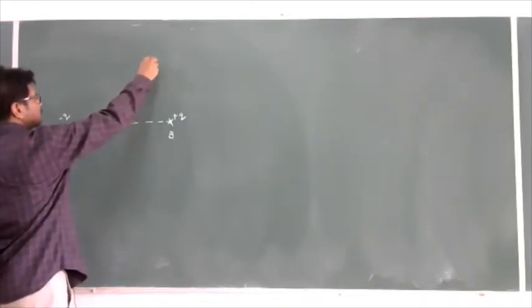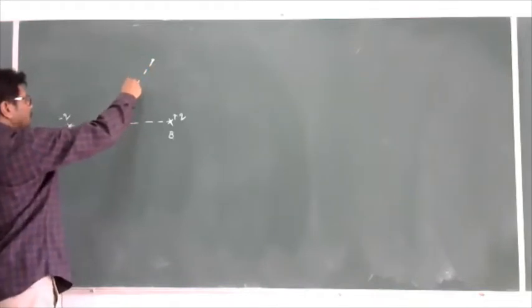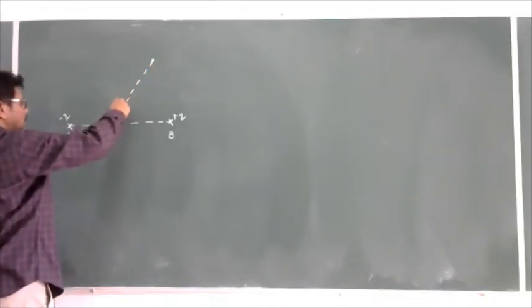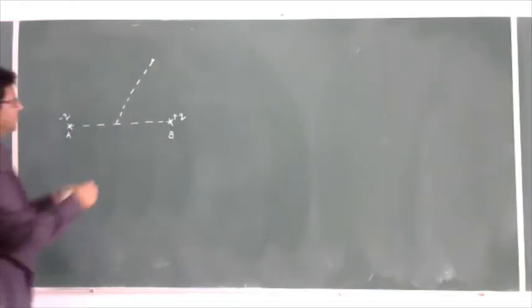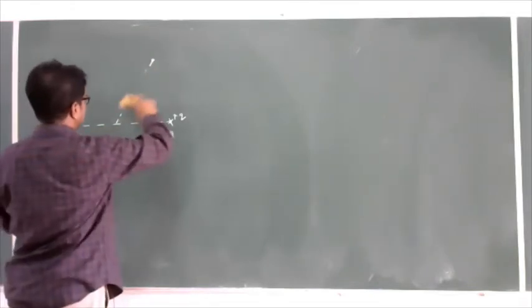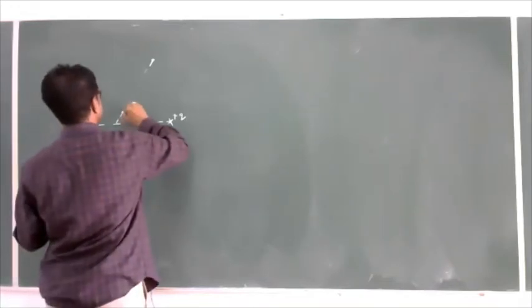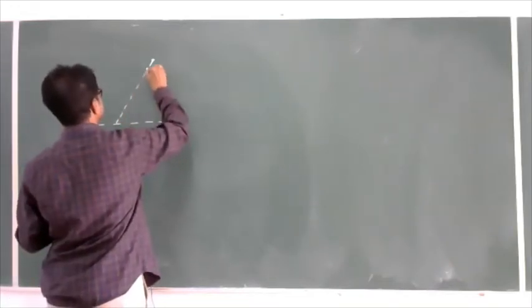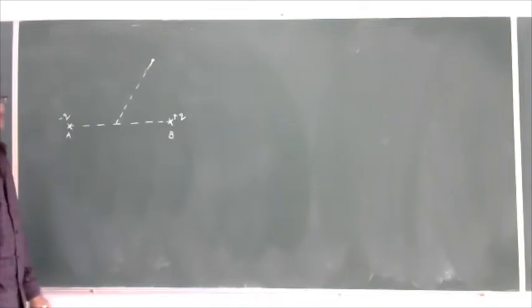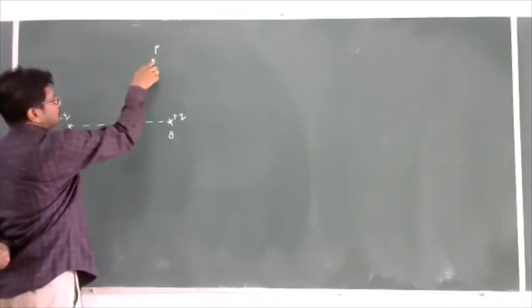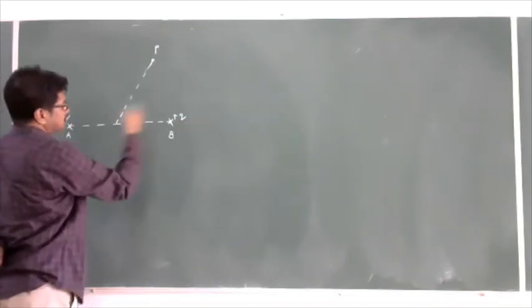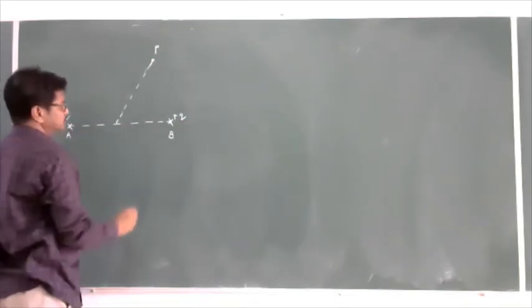I am considering a point where I would like to find the electric intensity. So this is the point P. That point P is neither on the axial nor on the equatorial line.